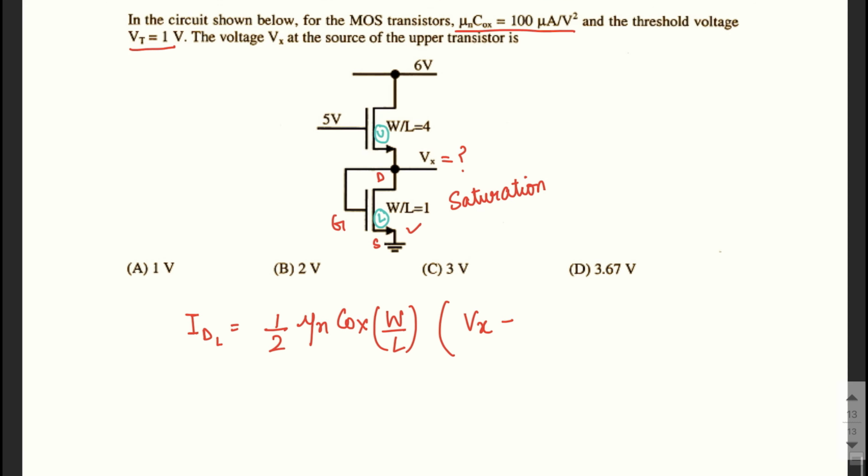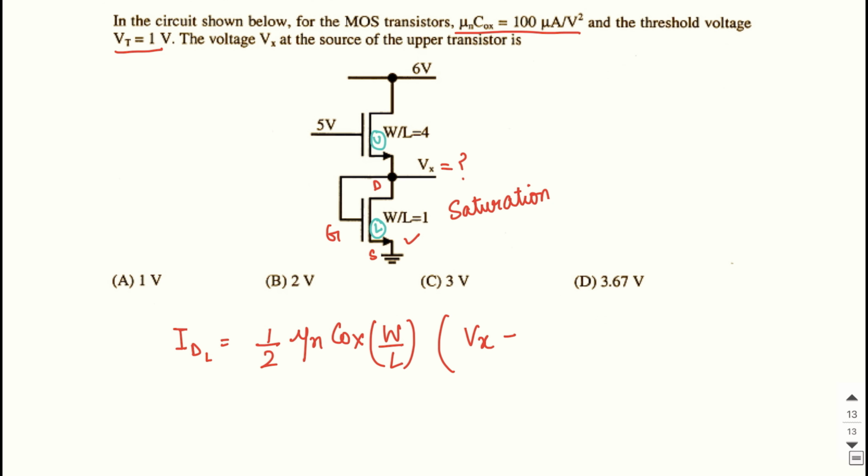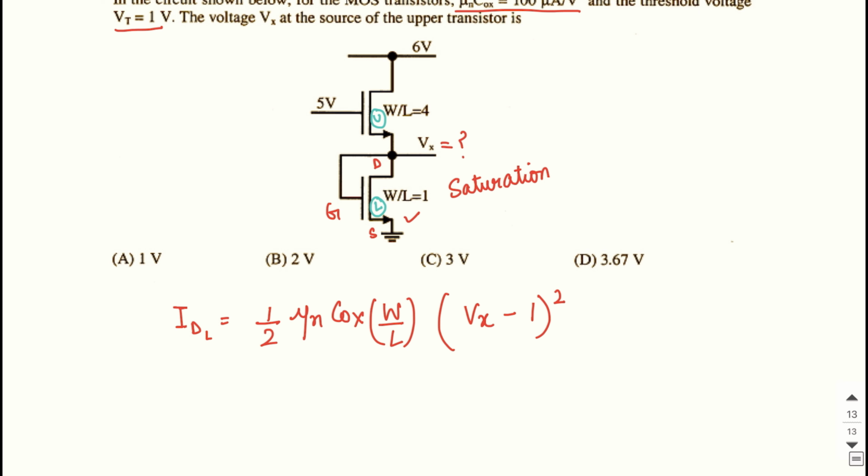Vx minus VTH, which is given in the question as 1 volt. Also we are given the value of mu n Cox, this is 100 microampere, and for the lower transistor W by L is 1. All this divided by 2, Vx minus 1 whole square, is the drain current. So let us hold at this point right now.